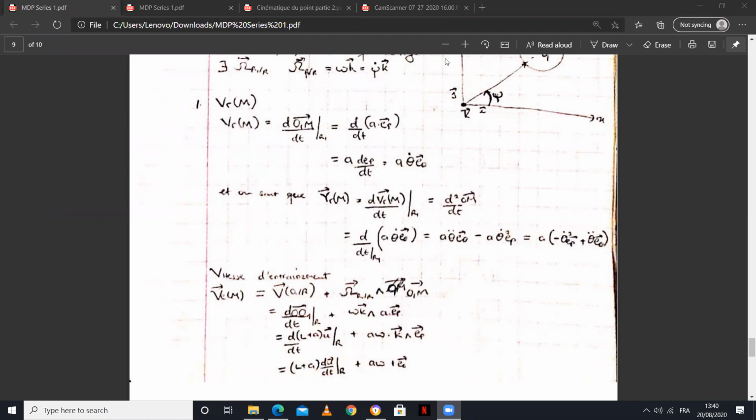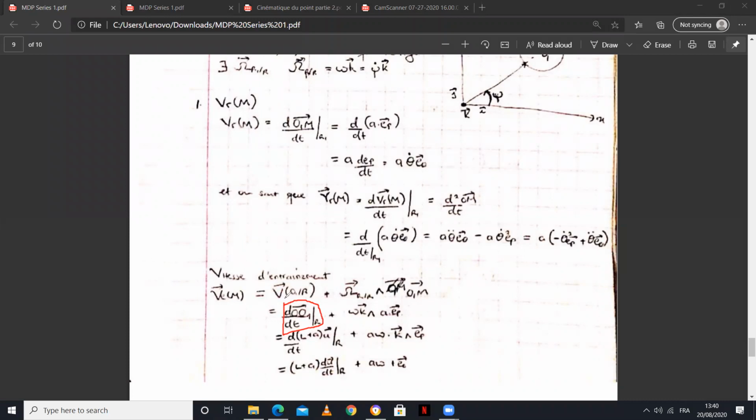Because this term particularly confuses a lot of people. When you say vitesse de OA par rapport à R, you don't know what vector position you're going to use. So people end up using the wrong vector position.